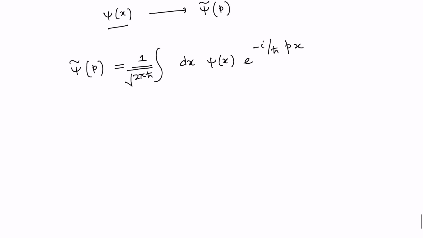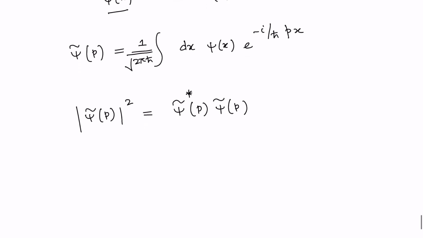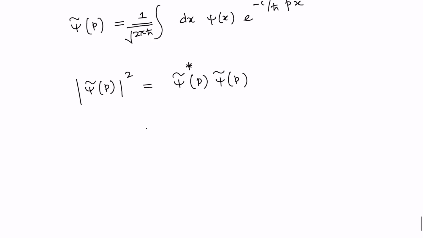In that case the momentum probability density is going to be |ψ̃(p)|², which is ψ̃(p) times the complex conjugate of ψ̃(p), the product of these two. This I can write as an integration, with 1/(2πħ), and we are going to have a double integration.